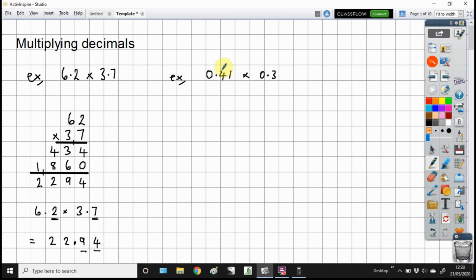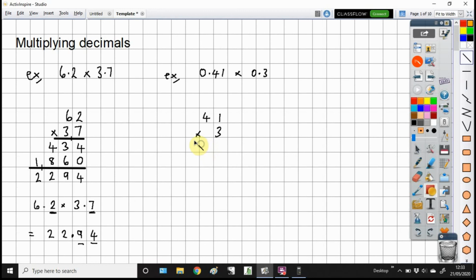Now, we're also going to do this one. This one might be possible in our heads because I know that 41 times 3 is 123. But perhaps you're not confident of that. So if you're not confident or you just want to be sure, you still set it out in the same style. 41 times 3. Oops, that wasn't supposed to happen.